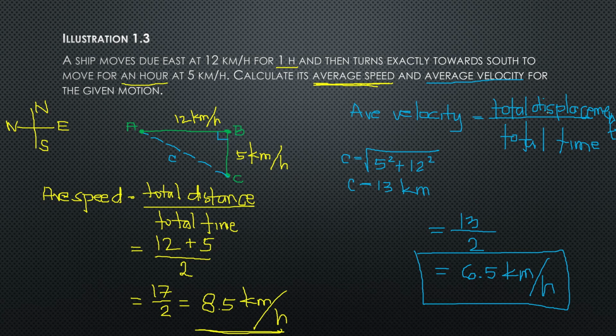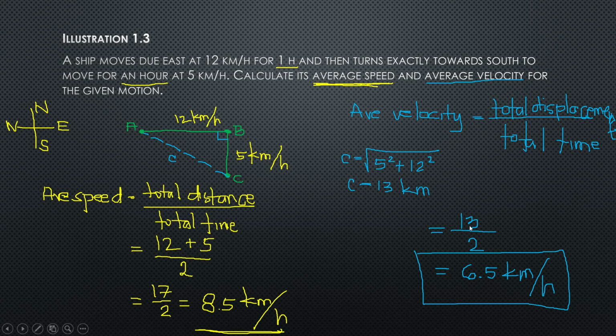Okay, so reminder, displacement is the shortest distance, while distance is the total distance traveled along the path. So again, average speed is 8.5 kilometers per hour and the average velocity is 6.5 kilometers per hour.